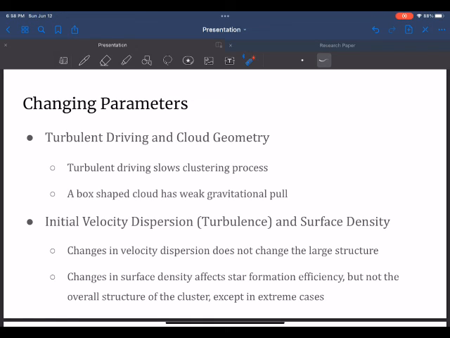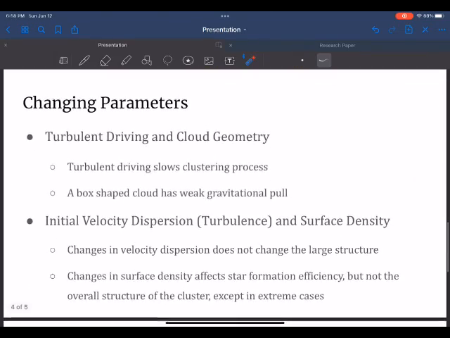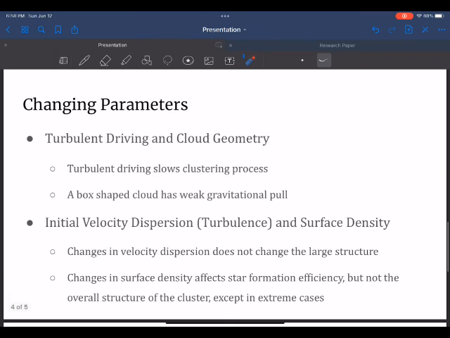As you may expect, this slows down the clustering process significantly. And also, they changed the shape of the cloud. So they changed the shape from a sphere to a cubic box with the same volume. Now, since the box-shaped cloud has a weaker gravitational pull, the clustering process is also slowed down.